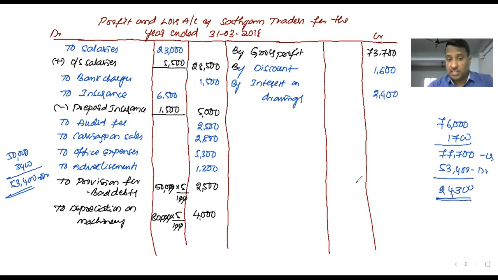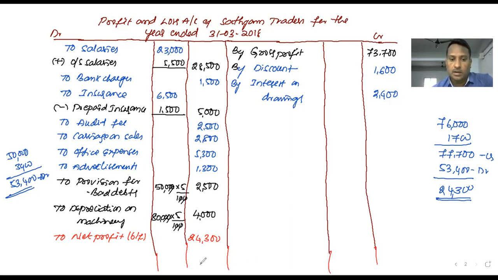The net profit of the business is 24,300. Right. So on the debit side, to net profit, balancing figure, 24,300.